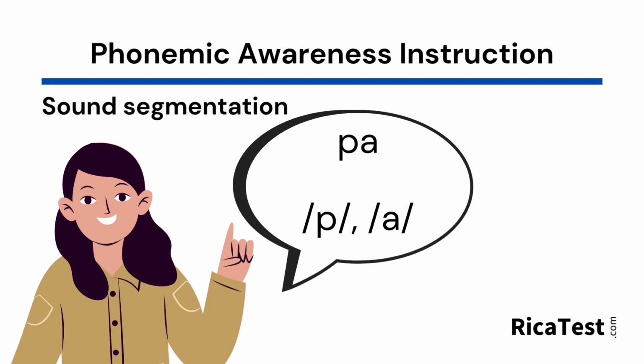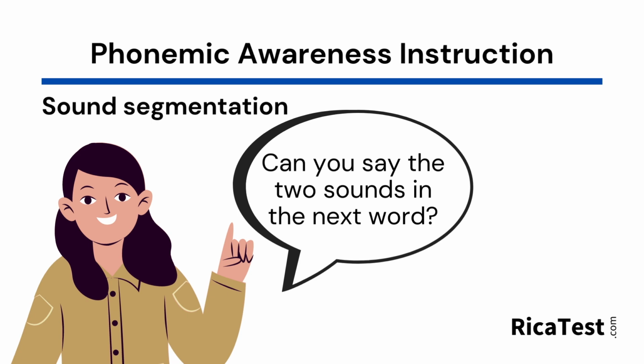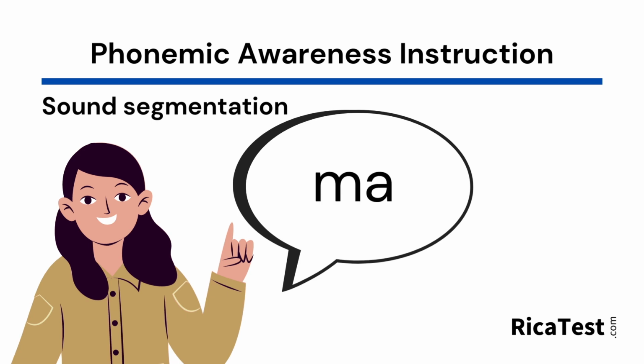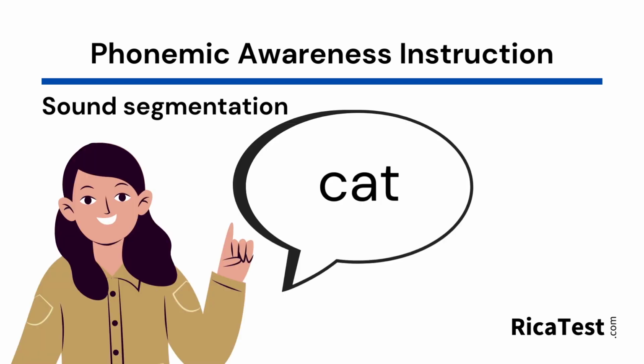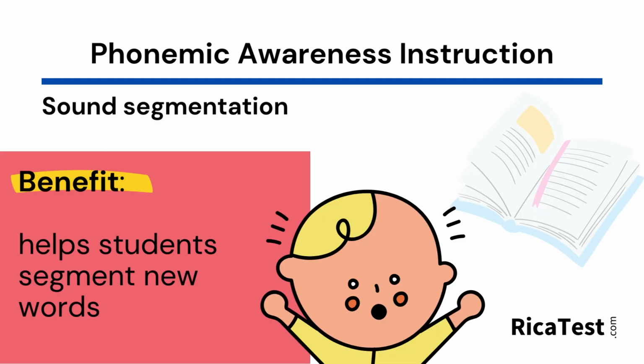Pa, p, ah. Can you say the two sounds in the next word? Ma. And the child should say, mm, ah. Once the child can complete this task with two sound words, the teacher stretches further and tries three sound words. For example, cat. Sound segmentation helps students segment new words.